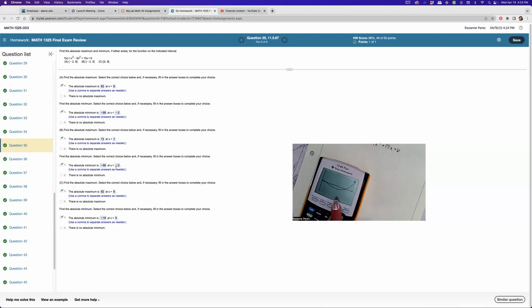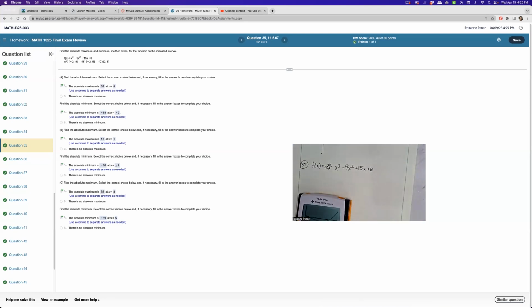So we're going to do second, trace, minimum, slightly to the left, enter, slightly to the right, enter, enter again, and x equals 5, y equals -19. So the absolute minimum within the interval 2 to 8 is -19 at x equals 5.